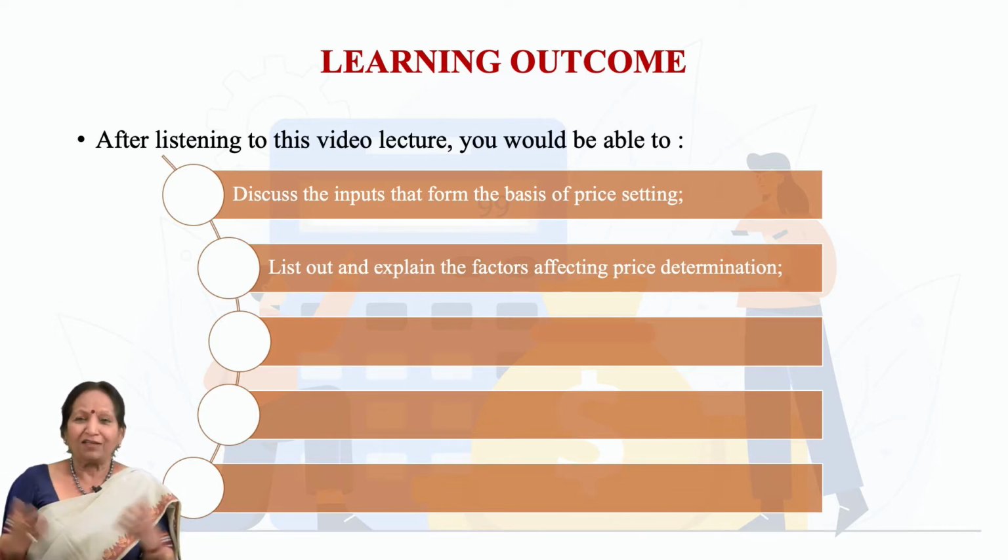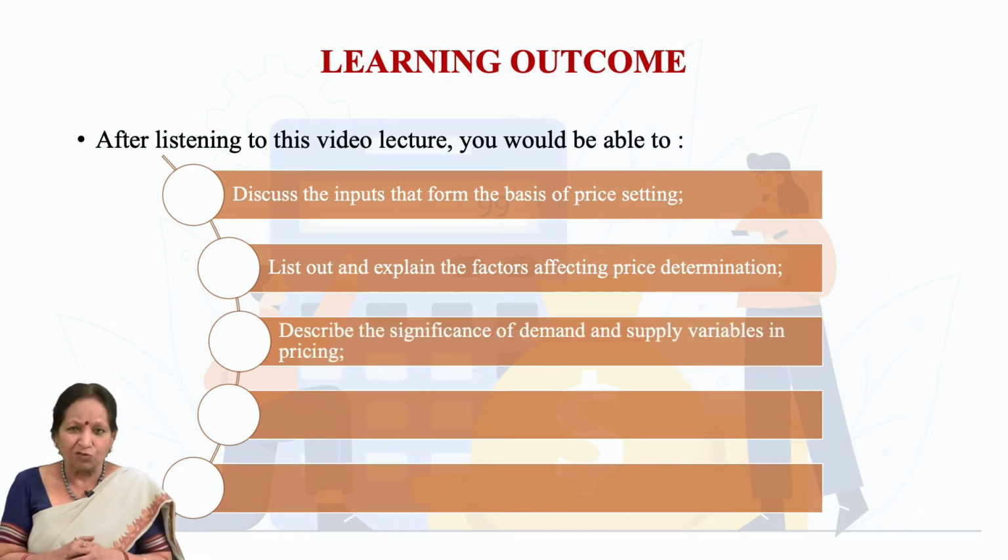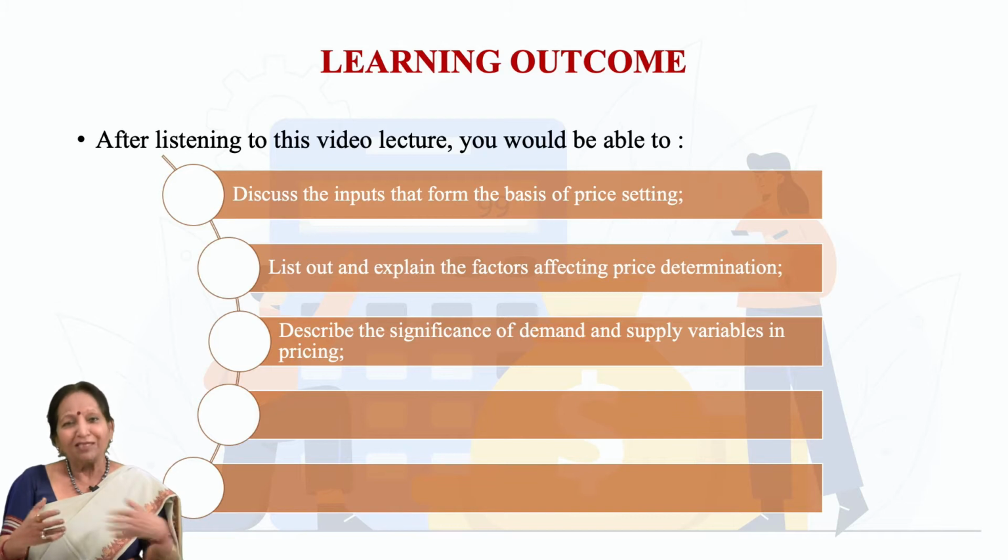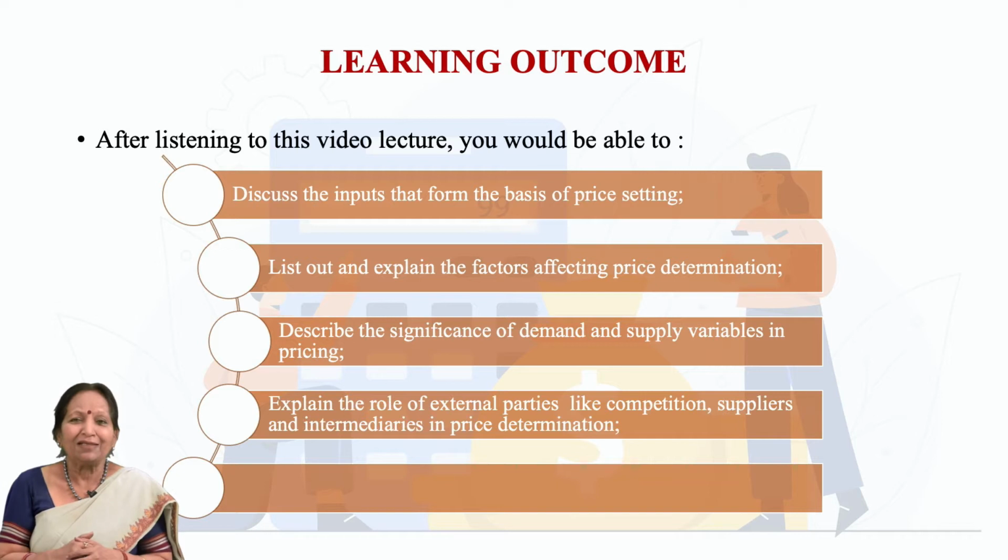The two major factors that come into play in price determination are demand and supply for goods and services. So you should be able to describe what is the significance of demand and what is the significance of alternative supplies in pricing. While we talk about cost and the product itself and the set consumers of a given product as relatively specific to a company, there are external third parties that impact the price determination.